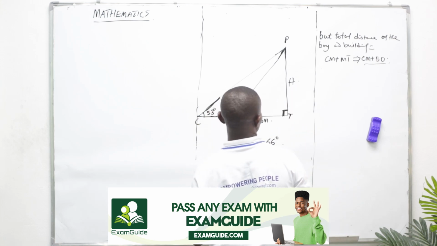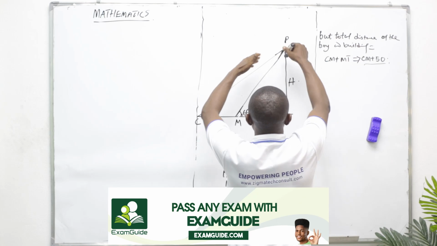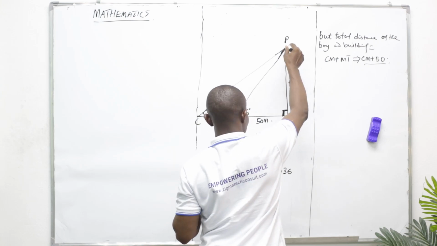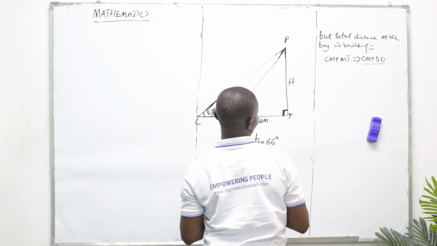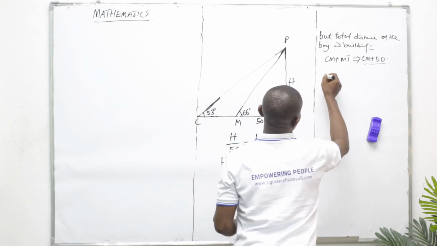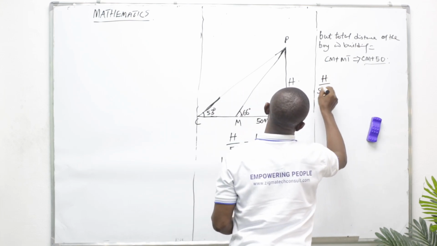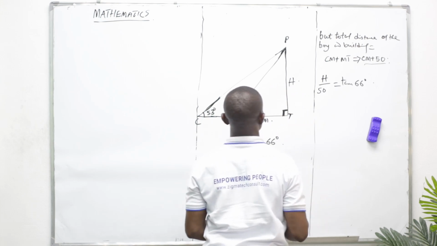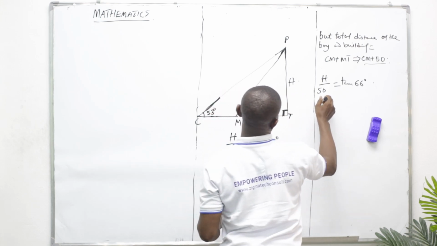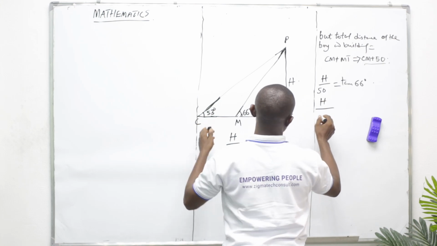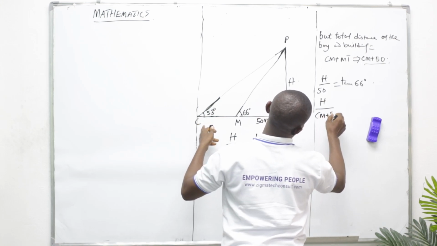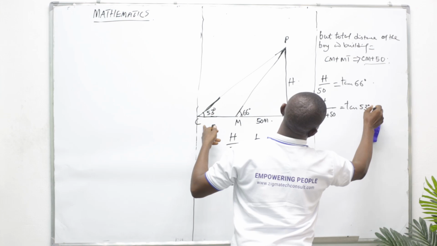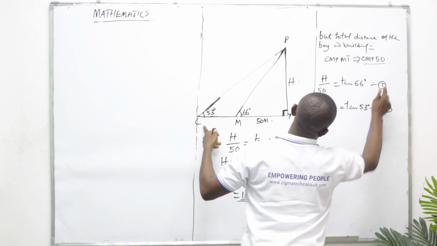And you also know that if I delete this line, I will have one triangle. But leaving the line, we are having two triangles. For the first triangle, we know that h over 50 equals tan 66 degrees. Good. We also know that h over CM plus 50 equals tan 53 degrees. Equation 2, equation 1.